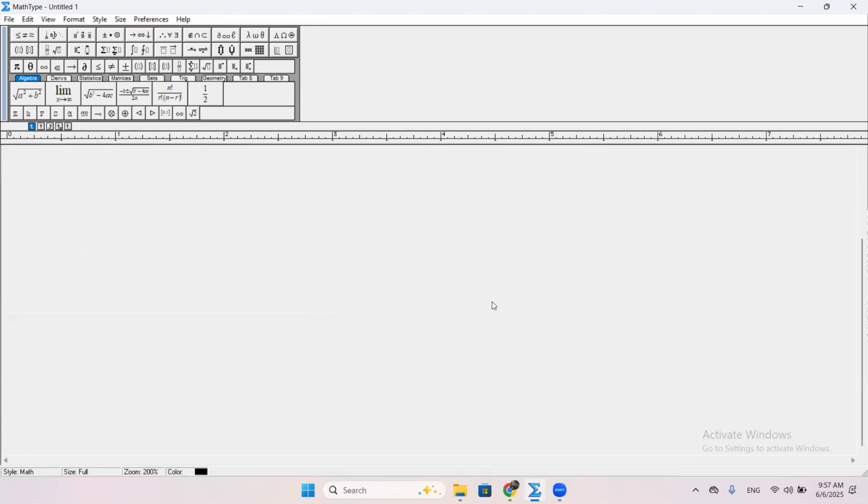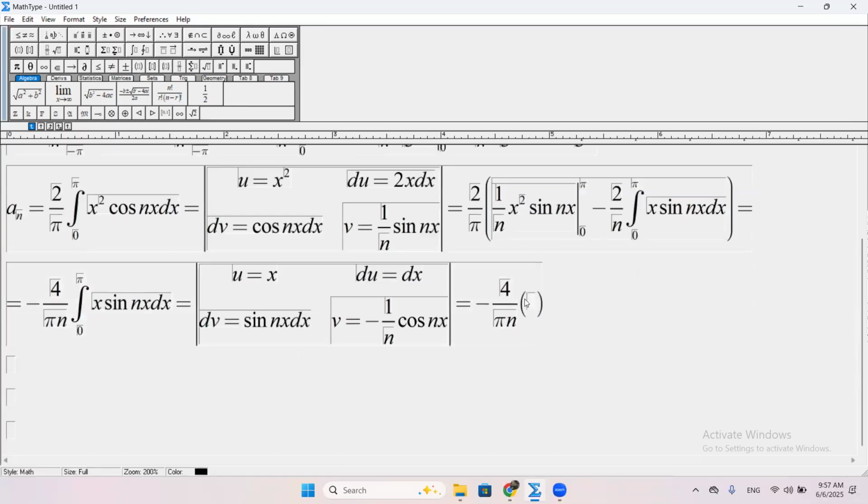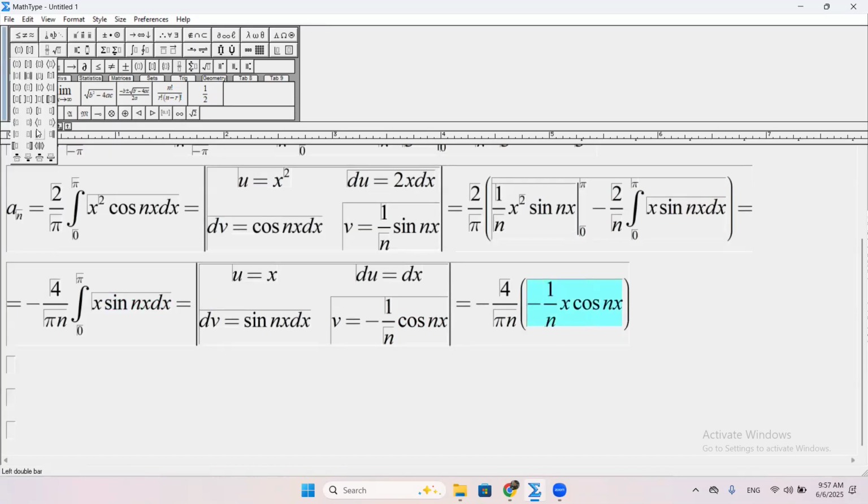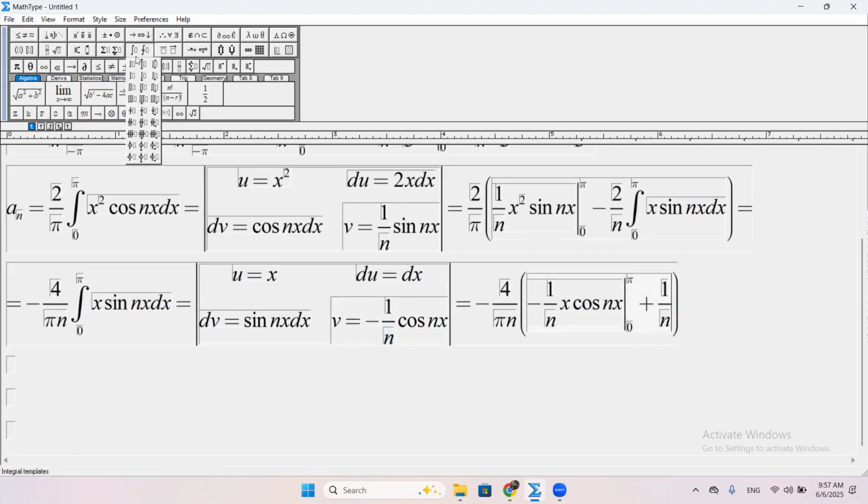Minus 4 over pn, so minus 1 over n cosine of nx multiplied by x. So uv is done. And don't forget about the substitutions from 0 to p, and plus 1 over n integral from 0 to p cosine of nx dx.